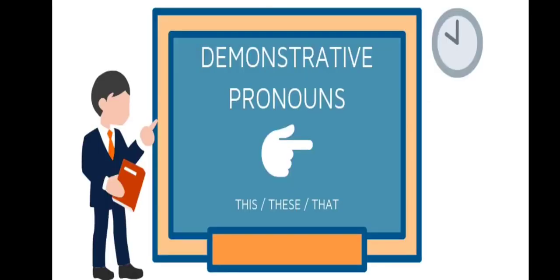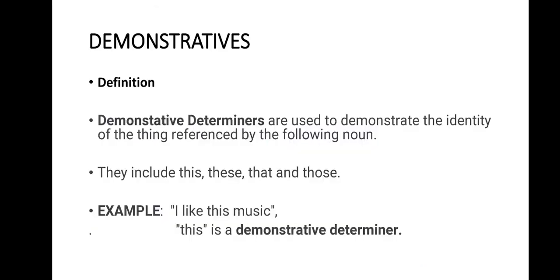Now we come to the next one, that is demonstrative pronouns. These, this, that. See the definition: they are used to demonstrate the identity of the thing referenced by the following noun. They include this, these, that, and those.